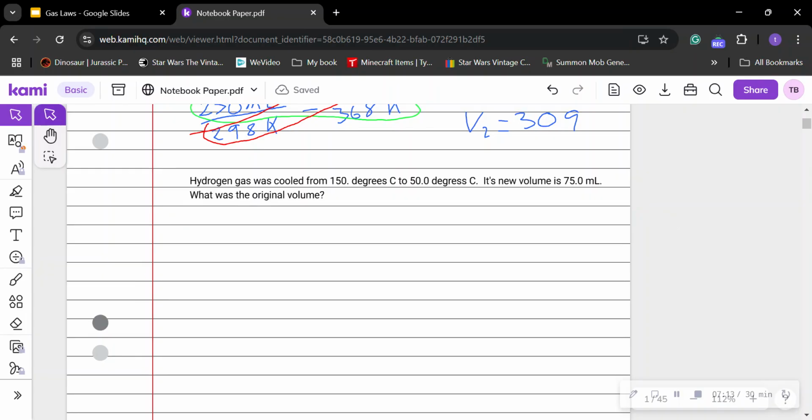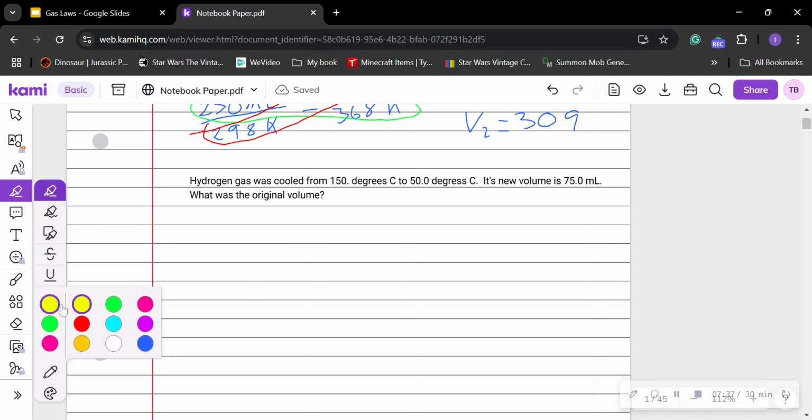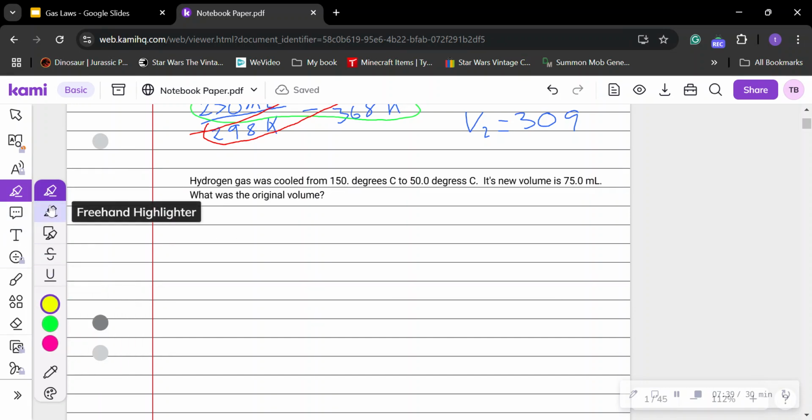Hydrogen gas was cooled from 150 degrees Celsius to 50 degrees Celsius. Its new volume is 75 milliliters. What was the original volume? First we want to identify our values. We have a change in temperature.